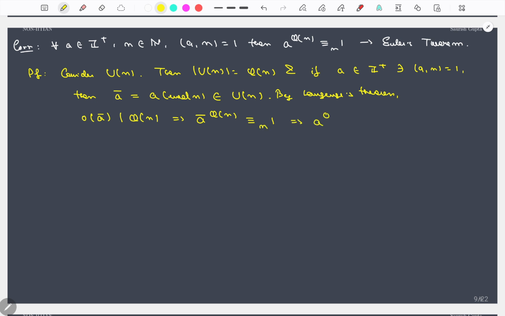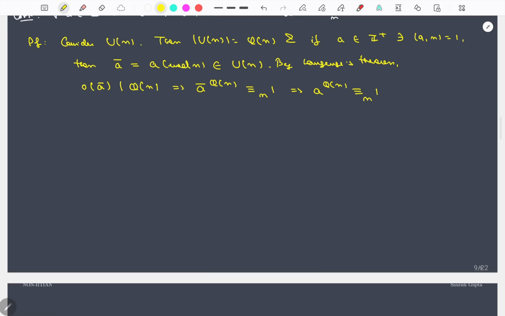That implies that a to the power phi of n must also be congruent to 1 modulo n, because a bar is nothing but a mod n. Okay, is it clear? Are you getting my point? Fine. So that's the proof.